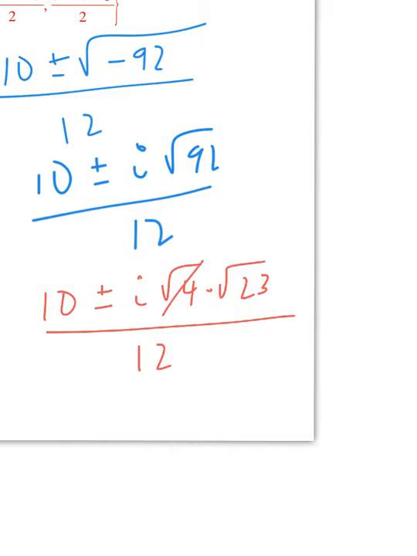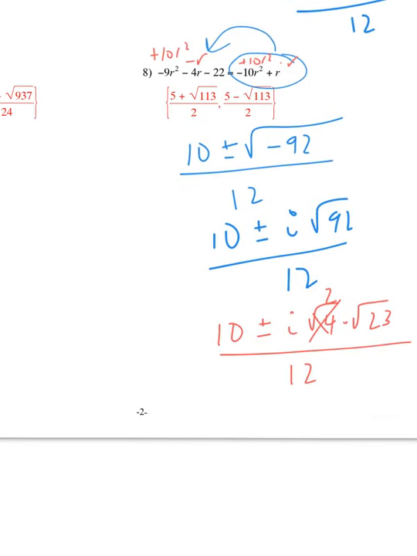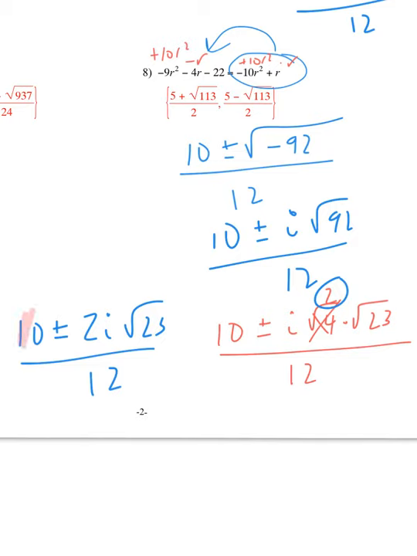The square root of 4, we know, is 2. So now I have, I'm going to switch colors here. I have 10 plus or minus, remember this was a 2, 2i, the square root of 23 over 12. So make sure you can't simplify anymore.